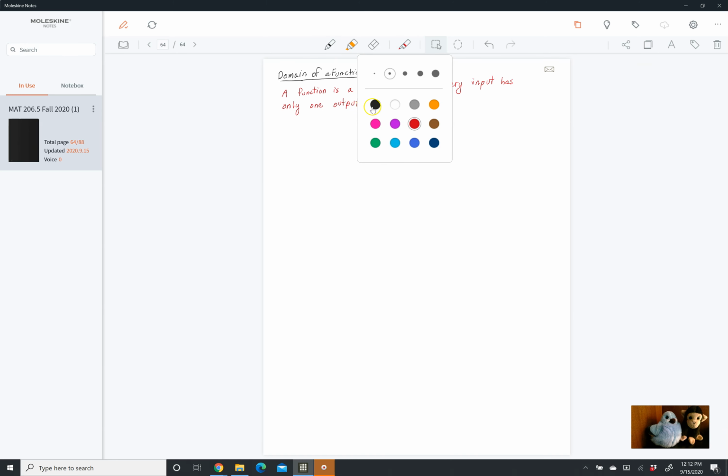So let's write that down. And then we're going to look at some particular functions. So it consists of all possible inputs.